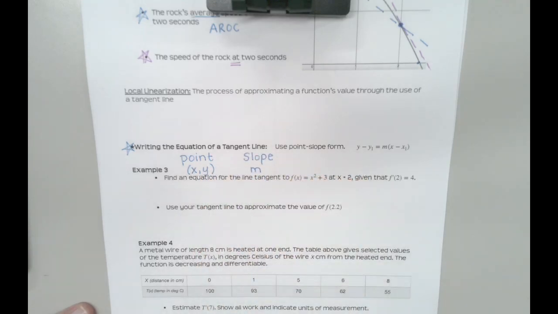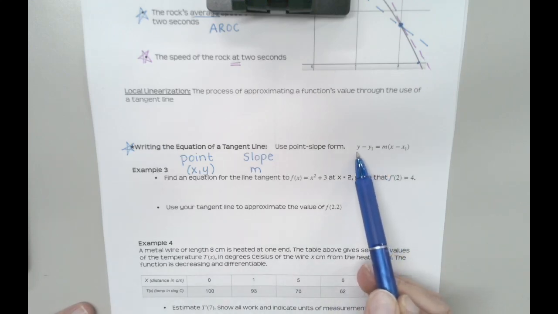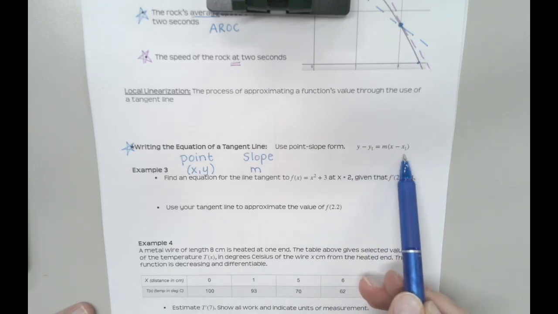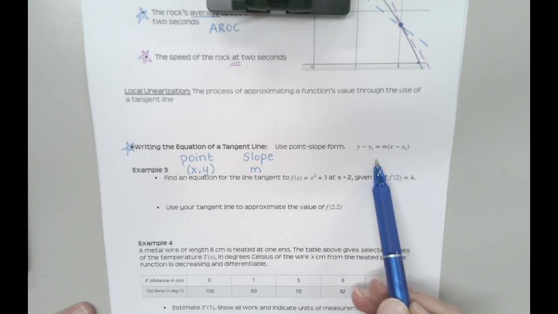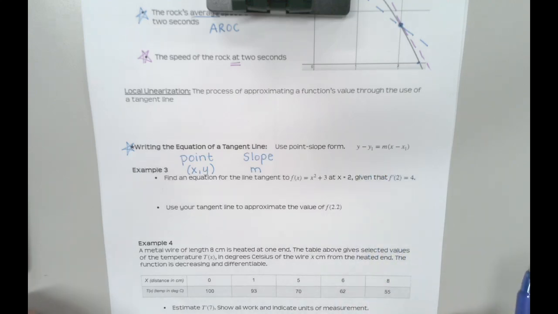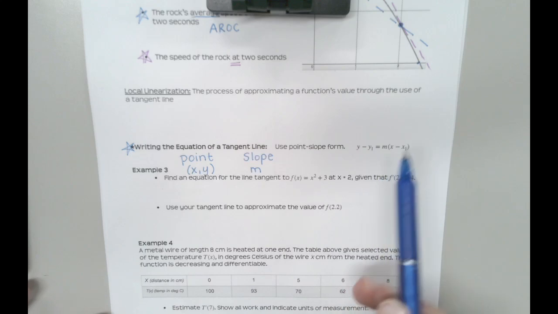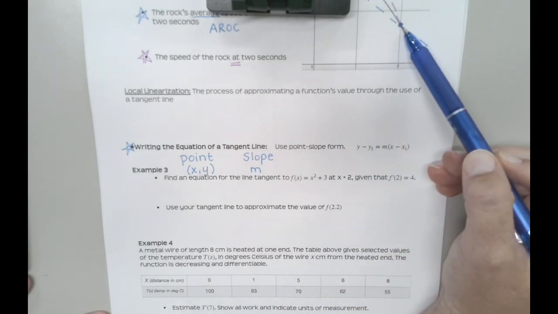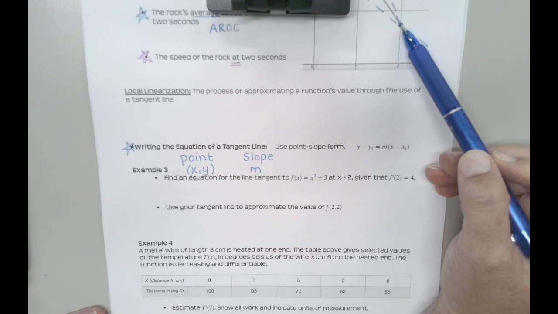I don't know if you're familiar with this form of a linear equation or not. It's called point-slope form. You may have seen it in Algebra 1, you may not have, but we're used to talking about mx plus b when we talk about linear equations. The problem with mx plus b is you need a y-intercept, and the point that we're going to be talking about is not always a y-intercept, and we don't want to go through the trouble of finding that y-intercept.